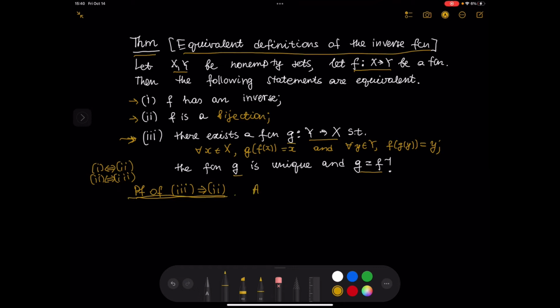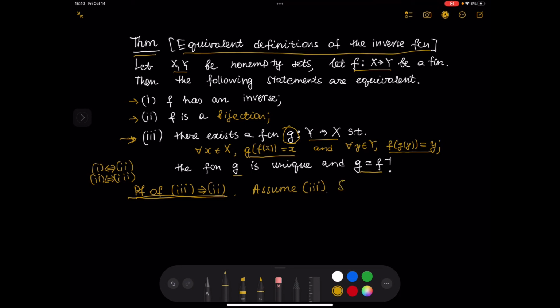So let us assume the statement III. So let us assume that there exists a function g from Y to X such that g of f of x is equal to x for every x in capital X, and f of g of y is equal to y for every y in capital Y. This function g is unique and it is the inverse function of the function f.